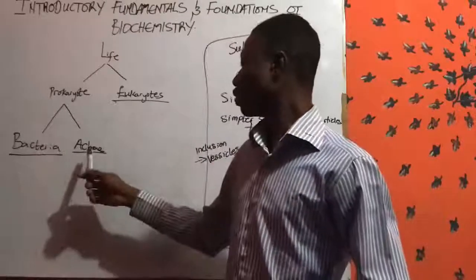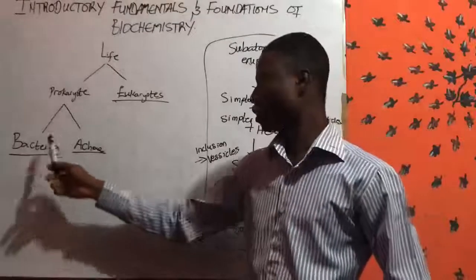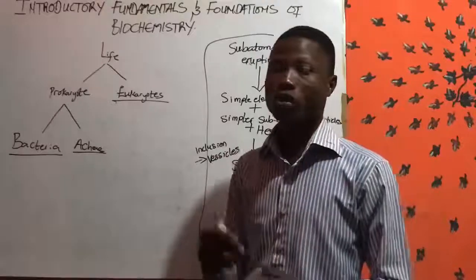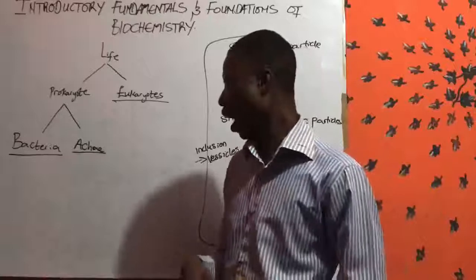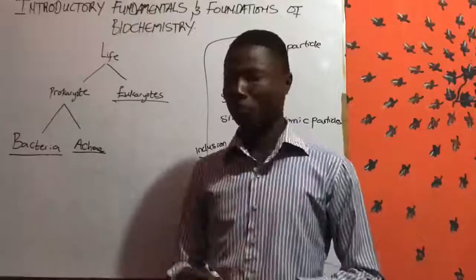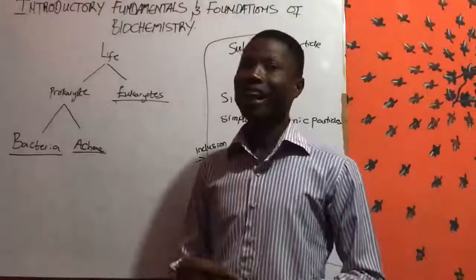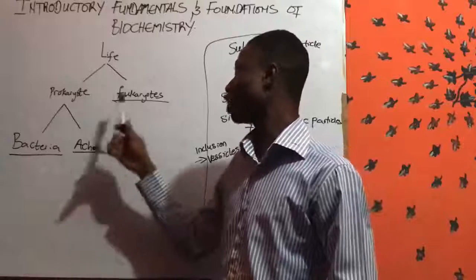Now, archaea. Okay, let me explain this. Bacteria, let me take time to explain this. These bacteria are ubiquitous. You see them virtually everywhere. You see them on land, you see them in water, you see them in the air. Some of them are pathogenic. Now, moving to archaea, they are like an intermediary between bacteria and eukaryotes.